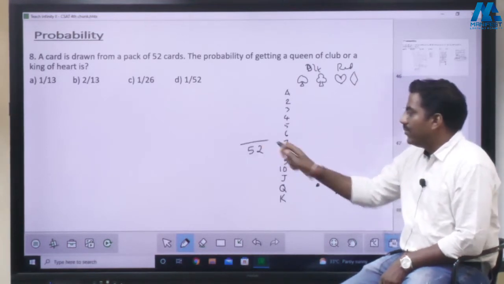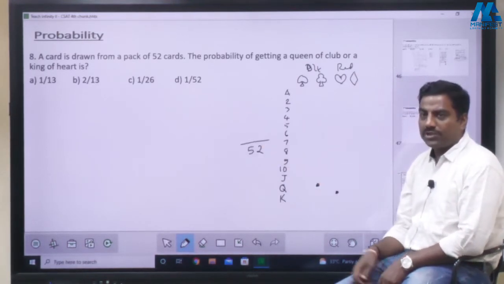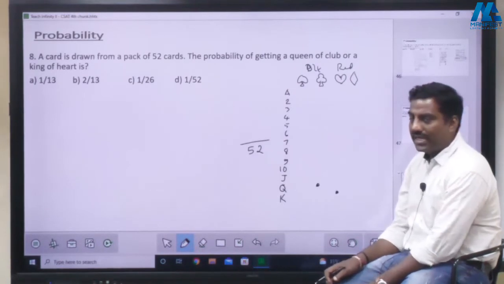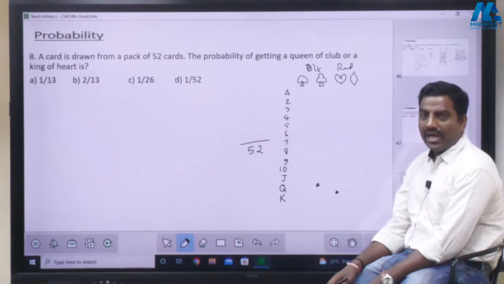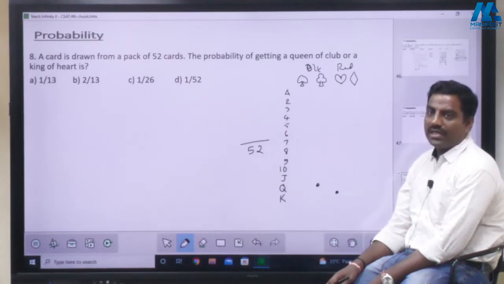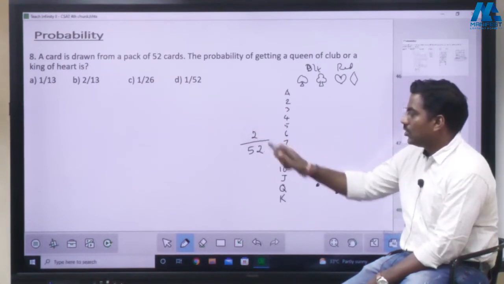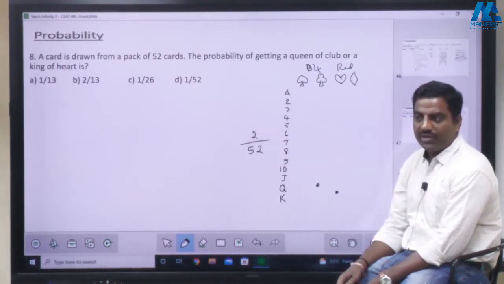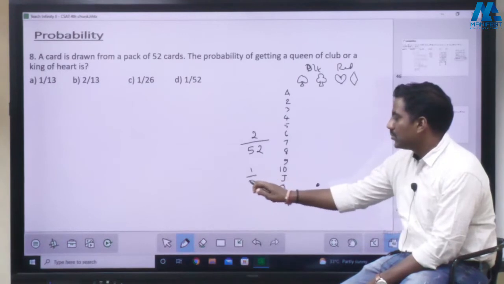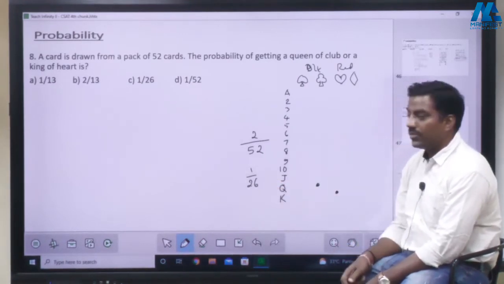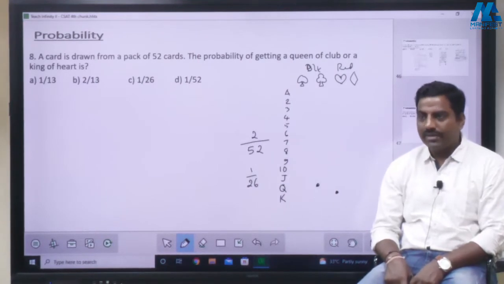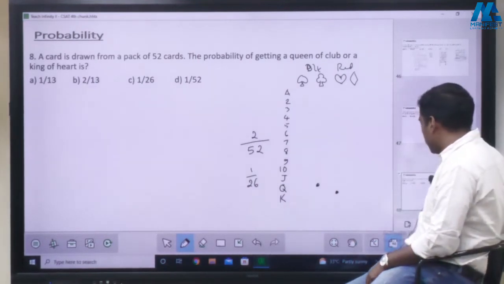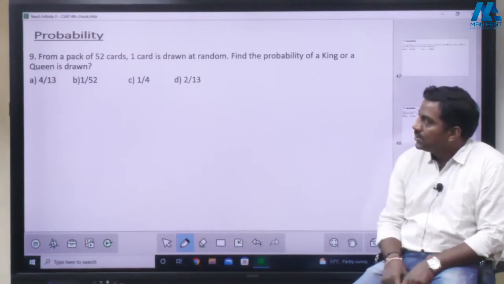And when you draw, what are the possibilities that you have? Either it has to be Queen of Clubs or King of Hearts. This is 2. Possibilities are 2. So 2 by 52. Is that okay? Next.